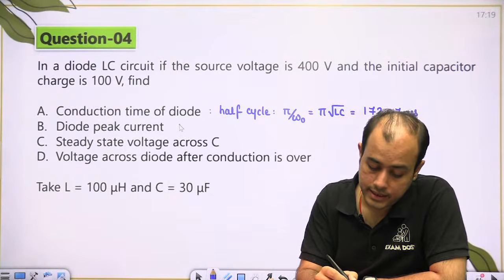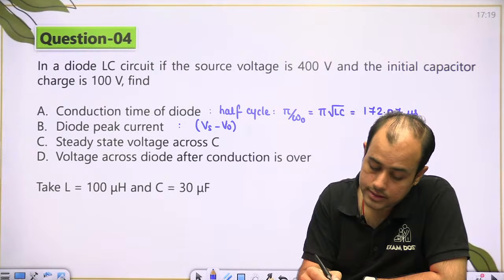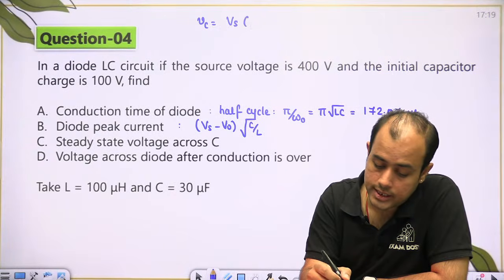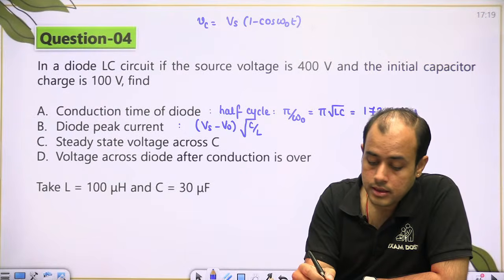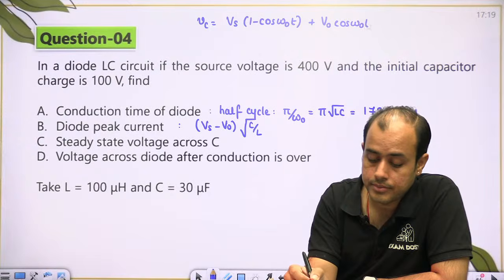Diode peak current, when you know the initial and the steady state value. Remember what equation I wrote? Based on the initial condition, 1 minus cos, based on the steady state value, based on initial cos.